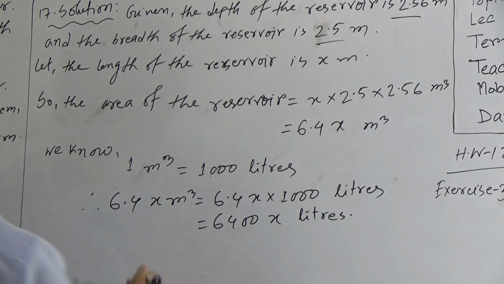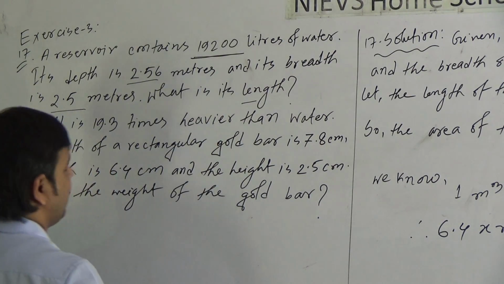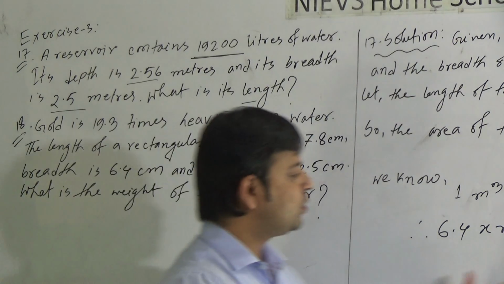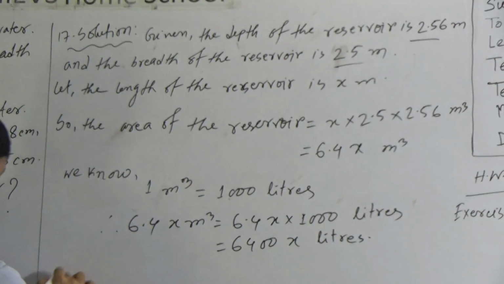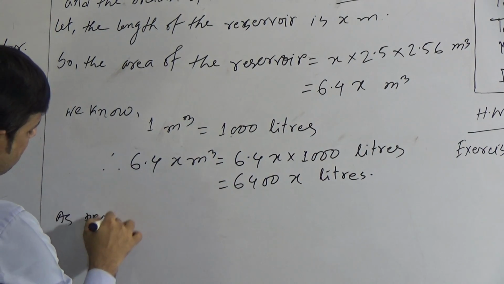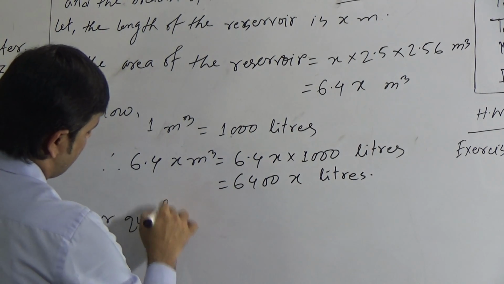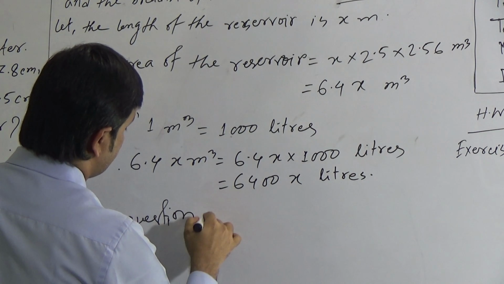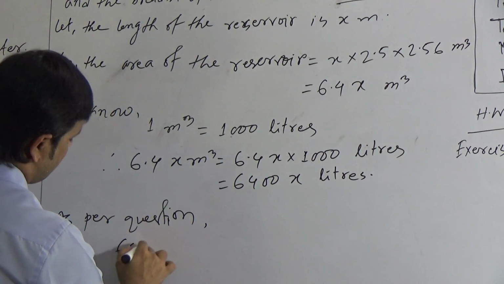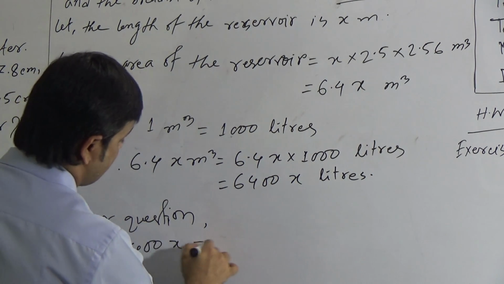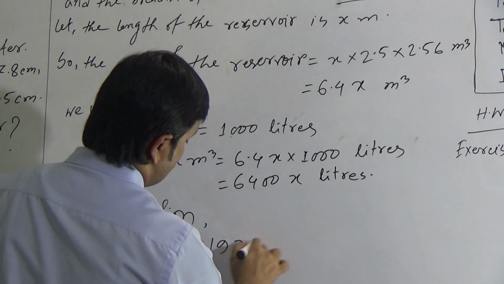It means that here the reservoir contains 19,200 liters, so we can say this will be equal to 19,200. So we can write as per question, the water contained in the reservoir is 6,400 x, that is equal to 19200.